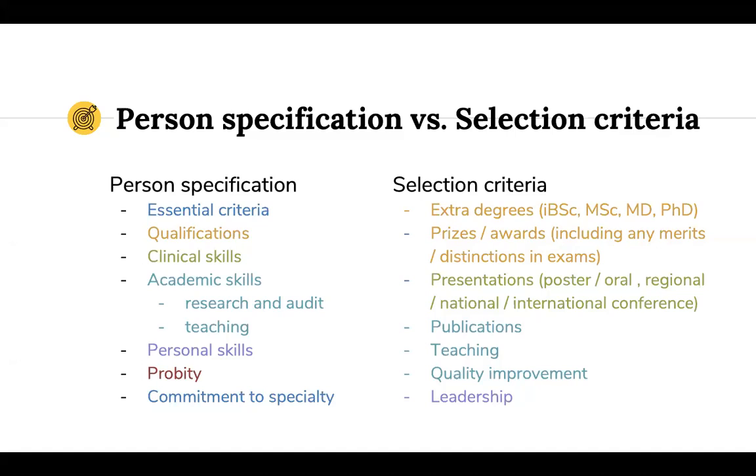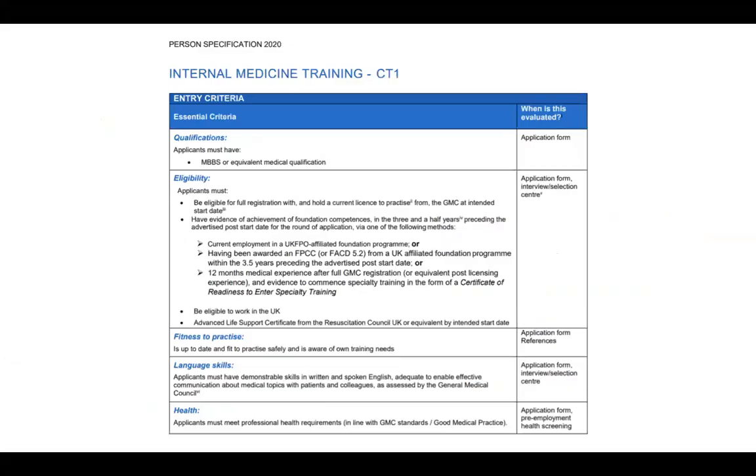So essential criteria, for example, I think I have an example of this. Let's just go through this. An essential criterion here under qualifications is that the applicant must have a medical degree. This is for internal medicine training.